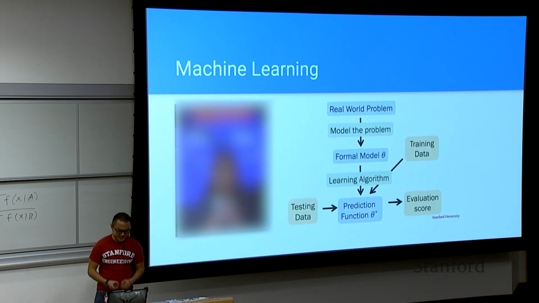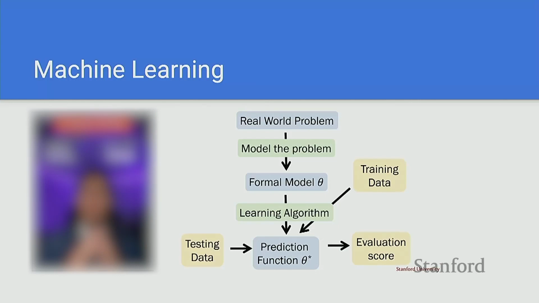All right. So in machine learning, typically what you have is some real world problem you want to model, and you model the problem using a formal model theta. Here is typically where you would find the log likelihood. And then you will have some training data. So this is the indices on your sum. And then you have some learning algorithm, and this learning algorithm is usually how you optimize the theta. Okay?